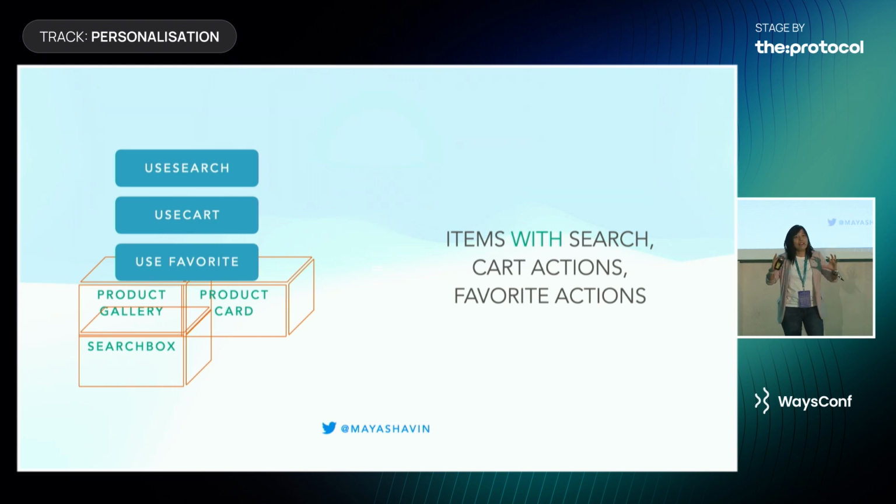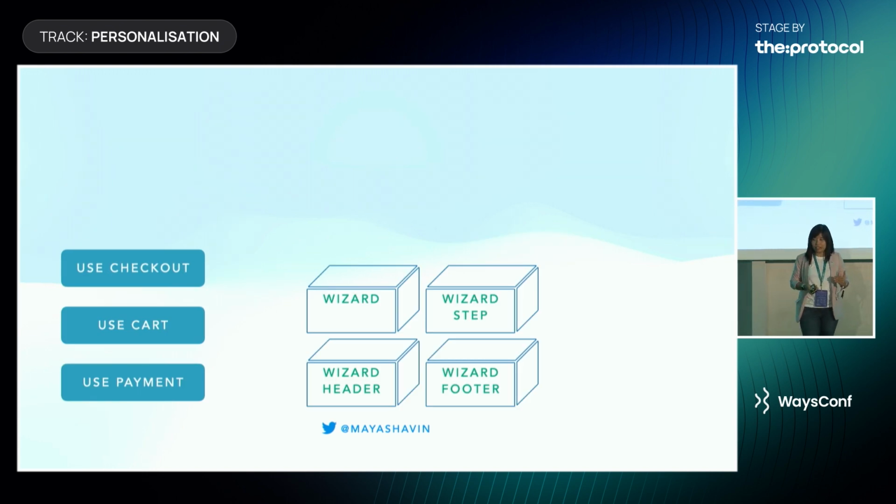This can be a bit more generic, but if you build it right, it will be generic but specific to the user. Another example is how to build a checkout wizard. I can give them a wizard component with 3 different logic hooks that they can plug in themselves: wizard step, wizard header and footer.